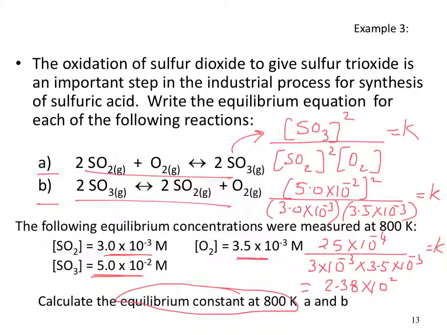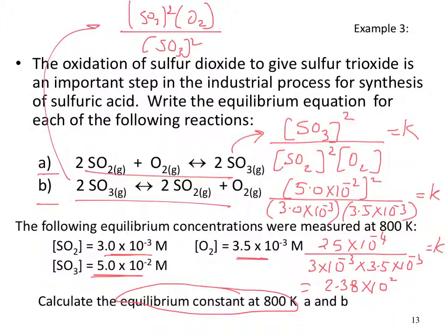And if you wanted to determine the value for B, since that's going to be SO2 square of that times oxygen divided by SO3 square of that, you can plug in the numbers, or you can simply just take 1 divided by the number that you had obtained.